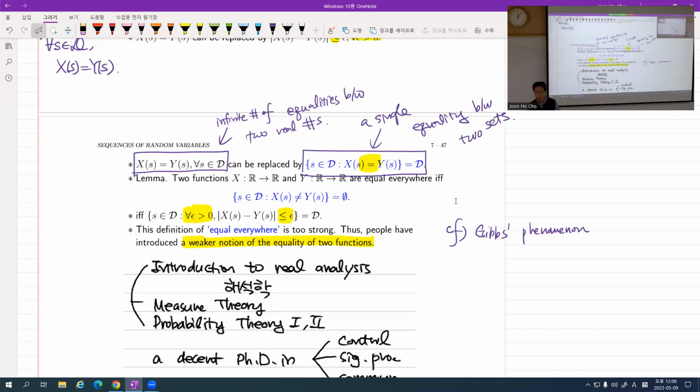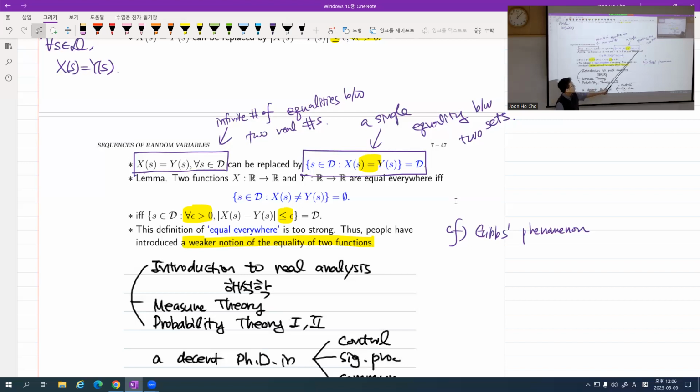And if the two functions x and y are equal everywhere on the domain D, what would be this set? Equal to the set D. So here we have replaced the uncountably infinite equality of two real numbers with a single equality of two sets, right?